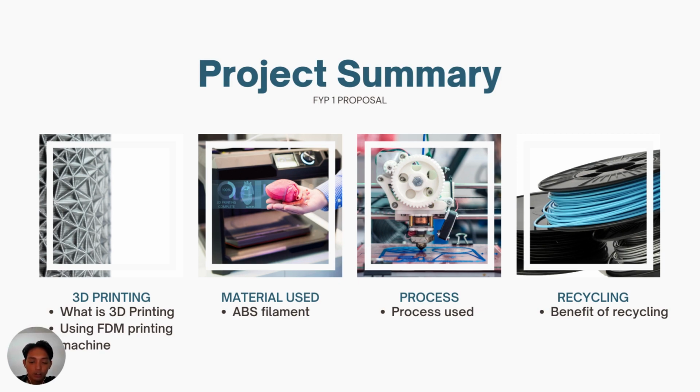Next is the material use. For my final year project, I'll be choosing ABS filament as the material, and ABS stands for acrylonitrile butadiene styrene. It will be collected using a recycle box that I've placed at Fabereka, which is my previous internship company, which is also where my co-supervisor is located.